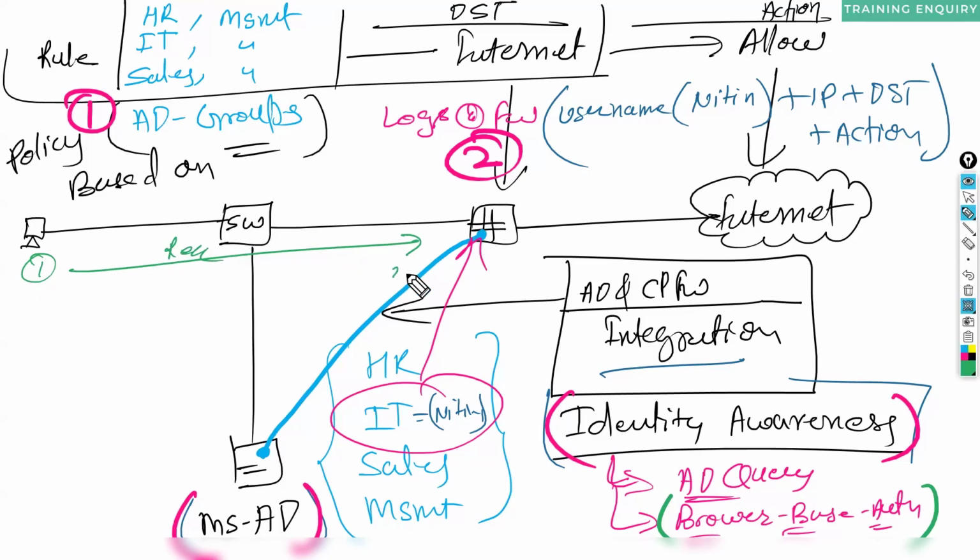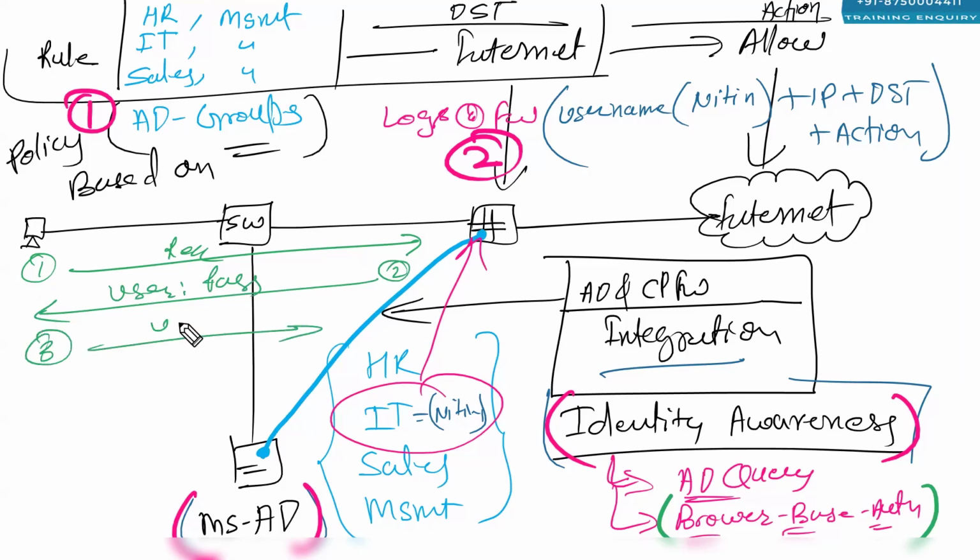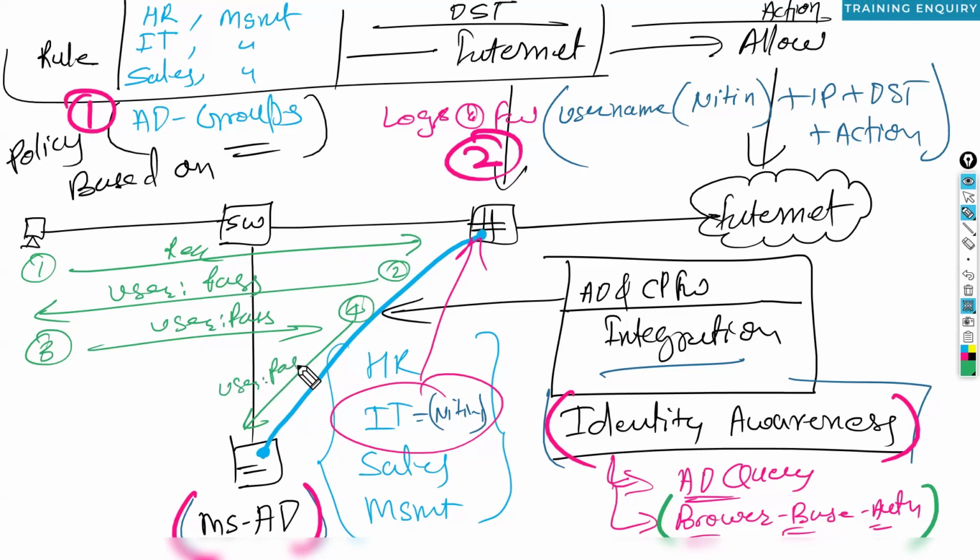Then second step, the firewall will ask, okay, give me your username and password. Third step, the user will give the username and password to Checkpoint. In the fourth step, Checkpoint will send the username and password to your AD. Now AD will give the information to Checkpoint: yes, the user is authenticated. Then the user can access the internet. So this will be the flow when we are talking about browser-based authentication.